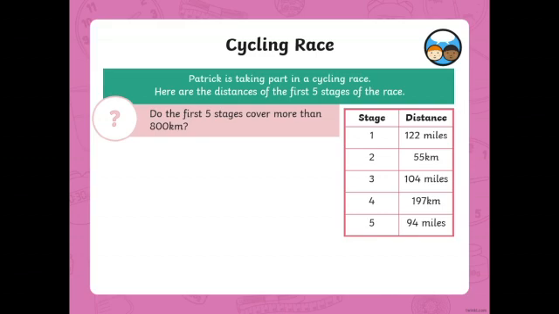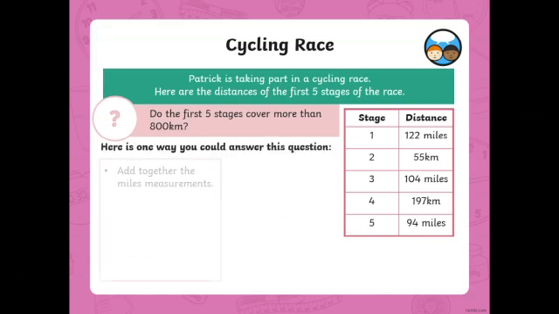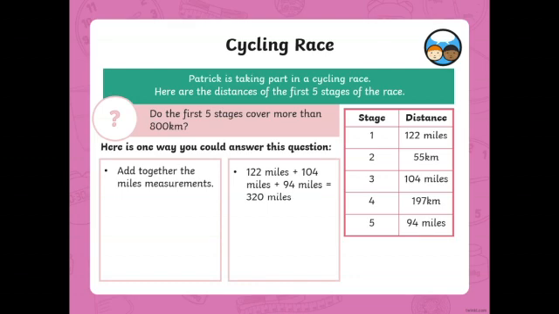So there's a couple of ways you could do this one. You could work out all the miles together. So you could add together the miles measurements. So you've got 122 add 104 add 94, which will get you 320 miles. Now remember, to convert the miles to kilometres, we need to divide it by 5 and then multiply by 8.